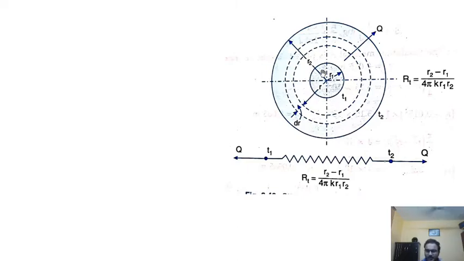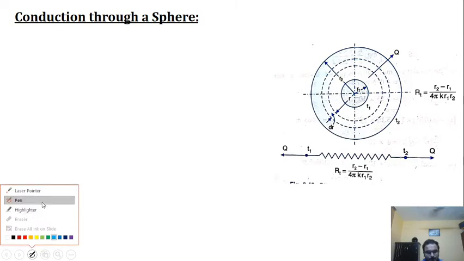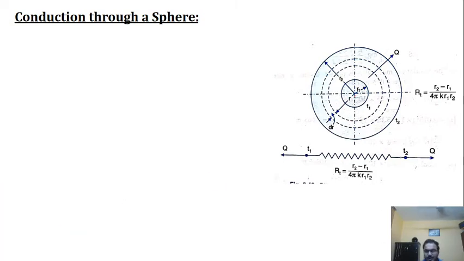The inner temperature is T1 and the outer temperature is T2. Heat is flowing only in the radial direction, that is Q. For our analysis, we have taken a small ring out of this sphere. This ring is at radius r from the center, and the thickness of this strip is dr. So we are focusing on this portion.